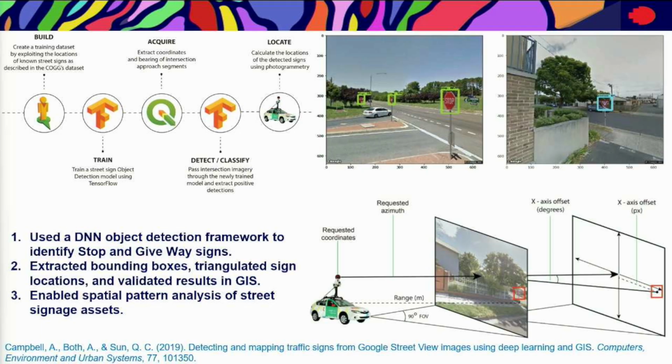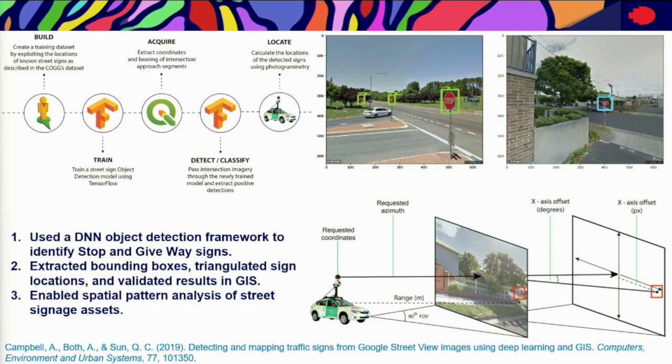At the time, we used a very early stage of deep neural network object detection, using a very traditional way to label all the signs, then train the model, then pass the information to other test imagery.